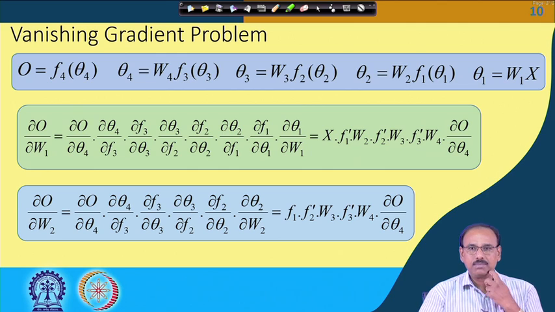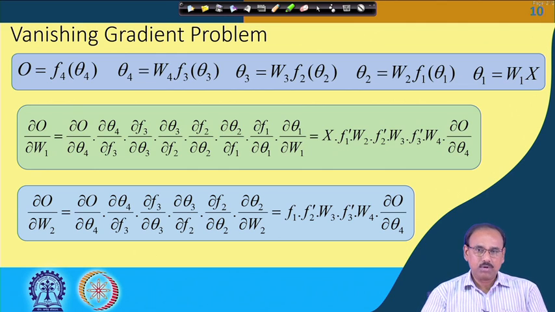So, these are the problems of vanishing gradient and exploding gradient, and obviously unless we take some measure to restrict or arrest this problem, naturally the network will not perform well. One of the ways in which this can be arrested is by proper choice of your activation function.